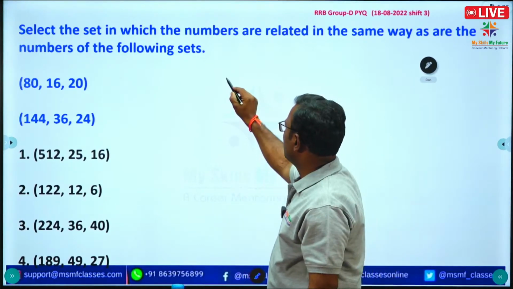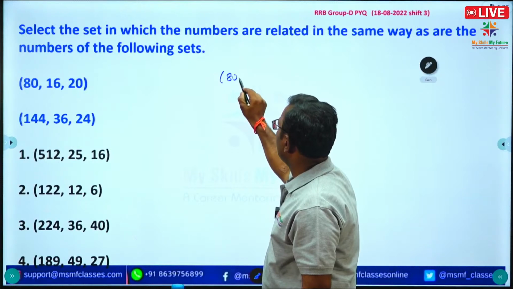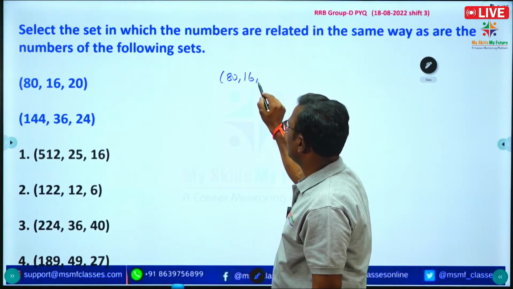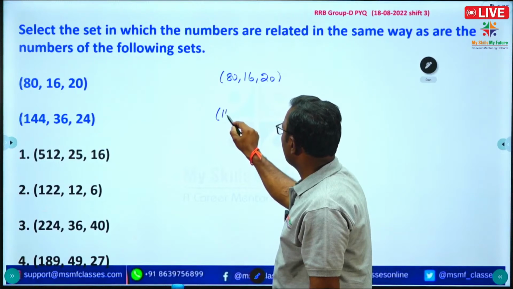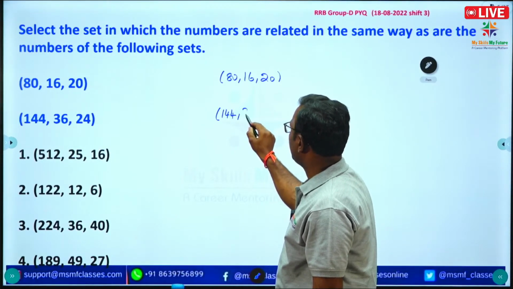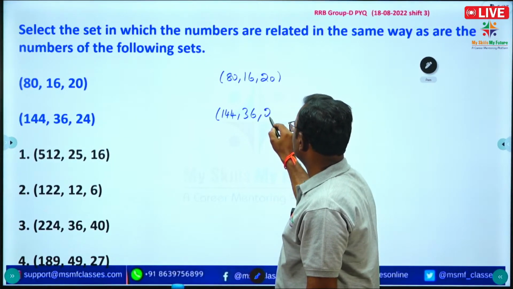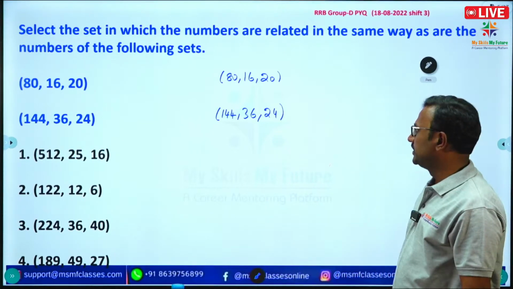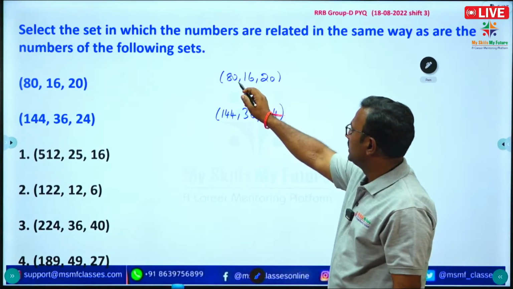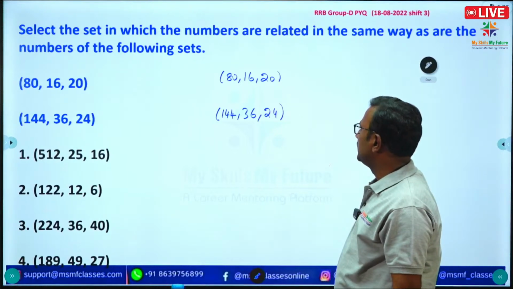One set is given as 80, 16, 20, and the other set is given as 144, 36, 24. If you observe, here 80 is there, 16 is there, 20 is there.